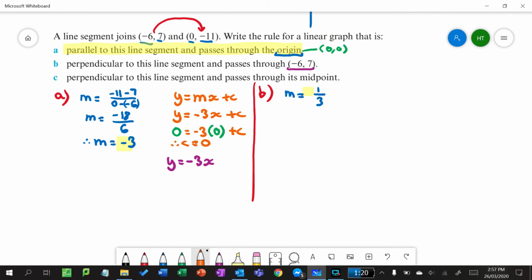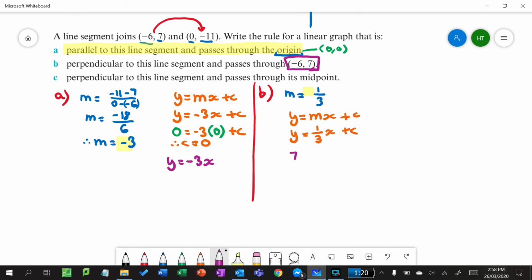The straight line is y equals mx plus c, y equals 1 over 3 x plus c, and to find my c value, I'll need to use the point given. It passes through the point (-6, 7).